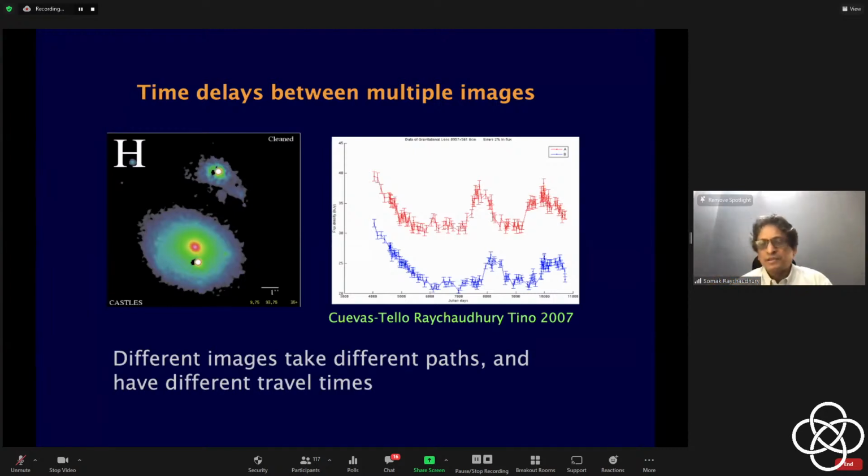It allows you to measure the mass. It's actually a very interesting way of measuring masses and also measuring the distance to an object. And so this has been used now to measure the Hubble constant. It actually gives you an independent measure of the distance to an object for which you know its velocity.